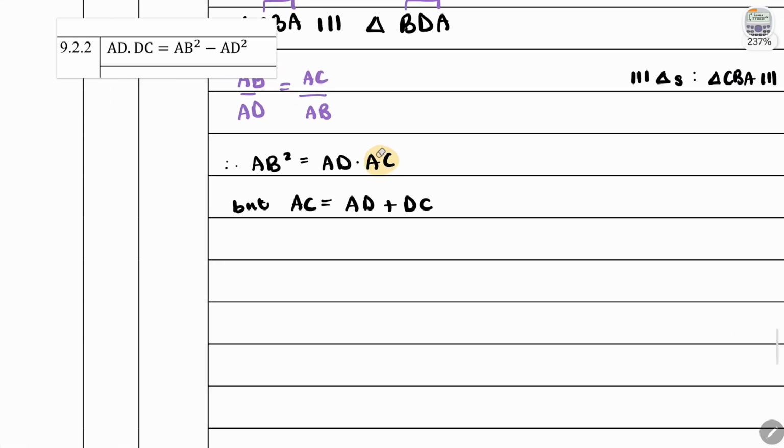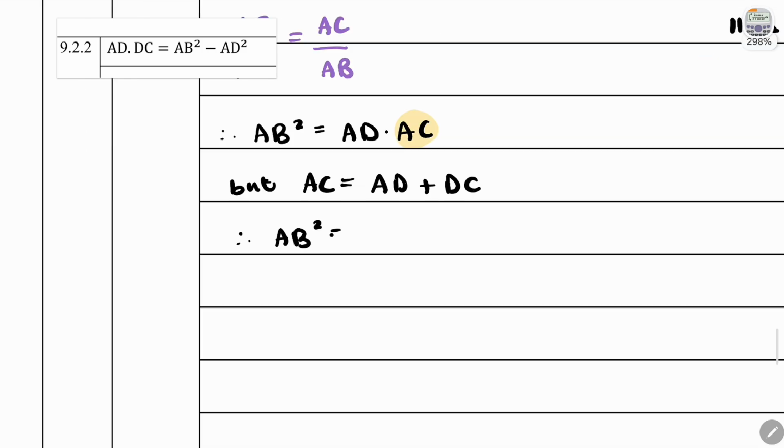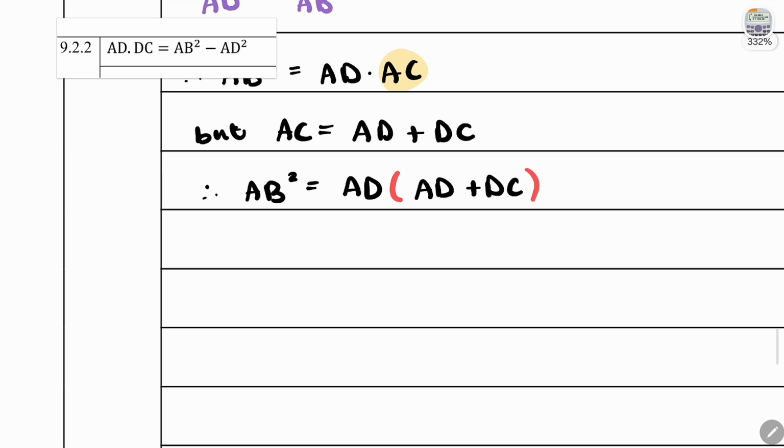So in place of AC here, we're going to substitute this. So our equation is now AB squared is equal to AD multiplied by, now it has two terms, so we'll open up a bracket, AD plus DC. Then we can multiply in.